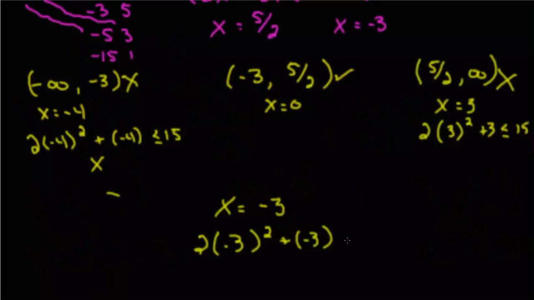Is that less than or equal to 15? Well, -3 squared is 9. 9 times 2 is 18. 18 minus 3 is 15, so yes, that includes -3.